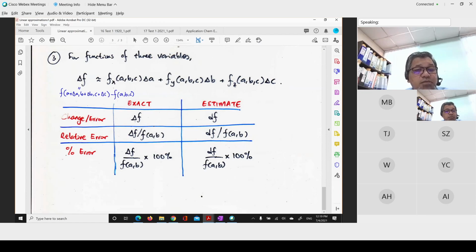Okay, so we have looked at one example related to error. We have also the maximum error, and then the relative error is also possible. What is the percentage error? What is the relative error?